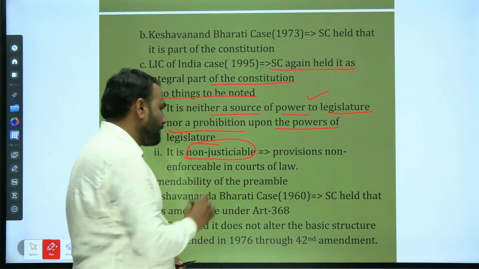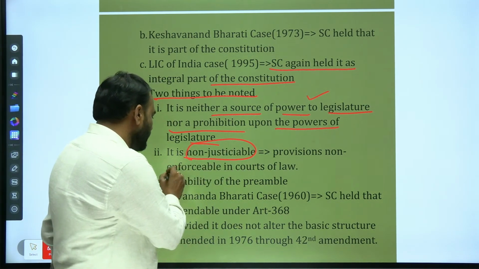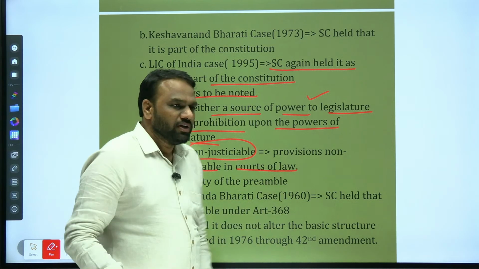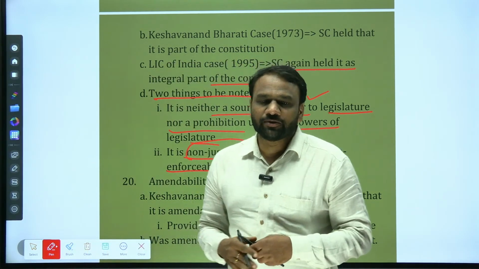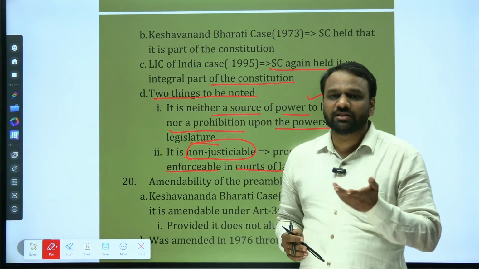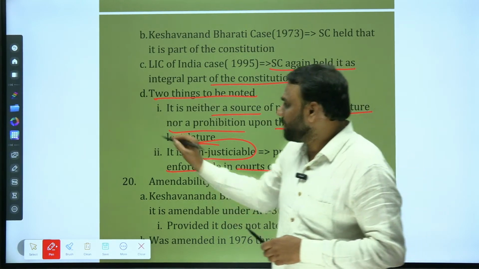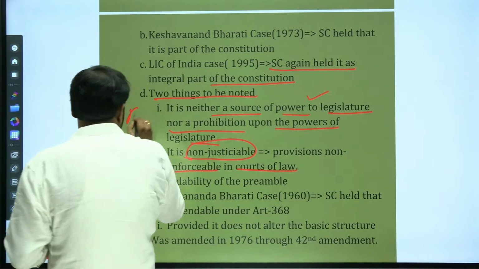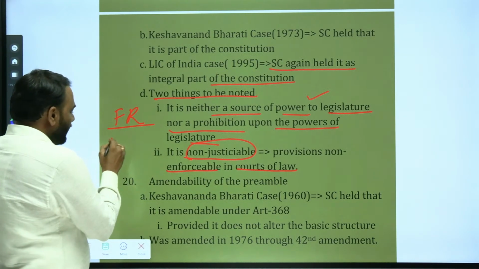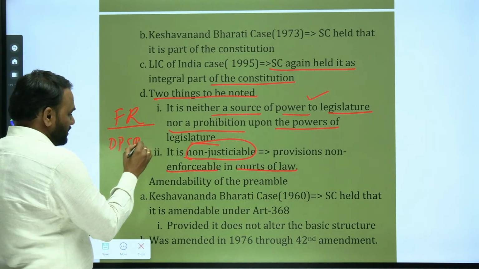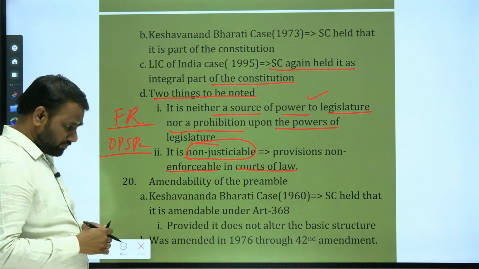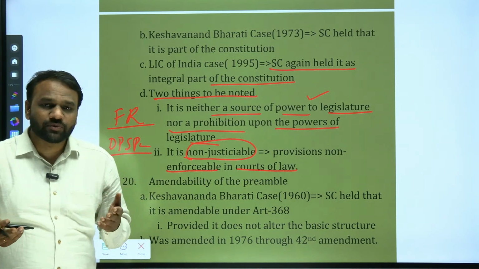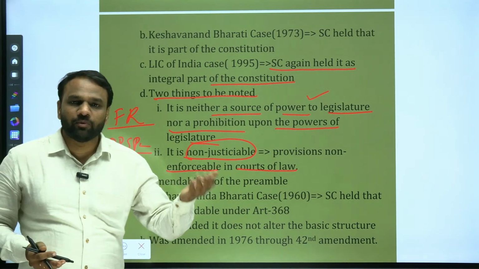Next, it is non-justiciable. Provisions non-enforceable in the courts of law. So there are certain provisions in the constitution which are enforceable and others which are non-enforceable. For example, if you look at fundamental rights, they are enforceable. If you look at DPSP, they are non-enforceable. What is non-enforceable? When a fundamental right is violated, you can go to court, either to Supreme Court or High Court.